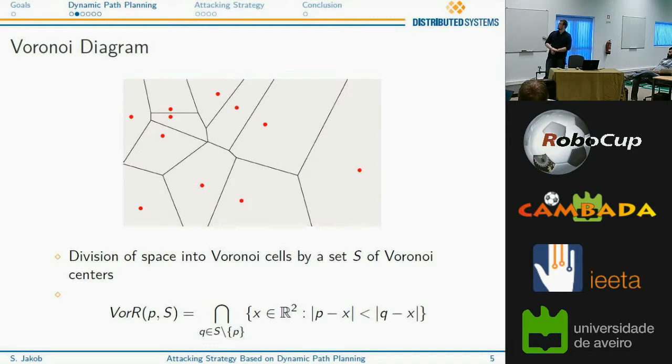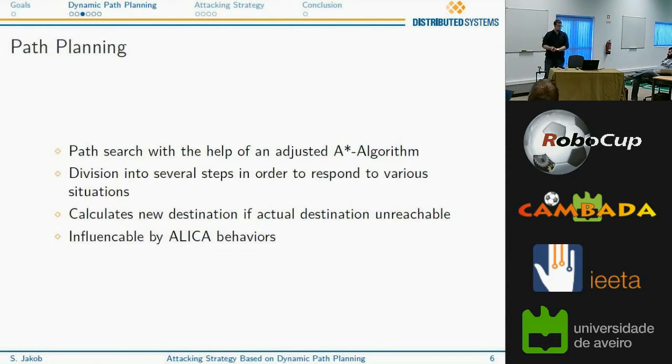For the path planning, we use the borders between these Voronoi cells, which can be separated into edges and vertices, which have the feature that they have a maximum distance to the neighboring Voronoi centers, which could be obstacles for path planning. So if you follow these edges, you can easily avoid any obstacle.